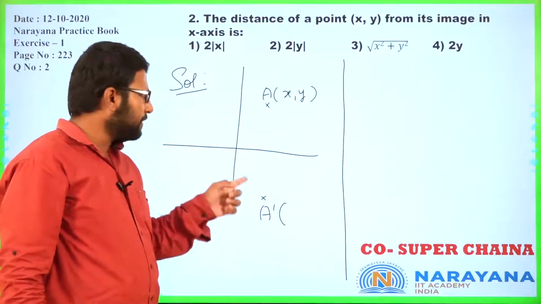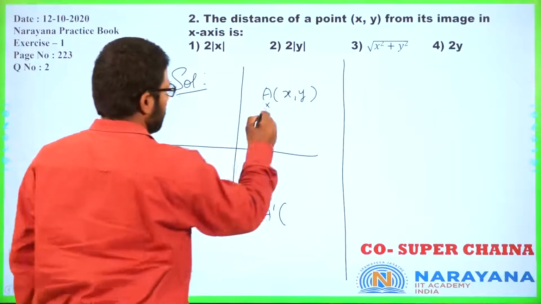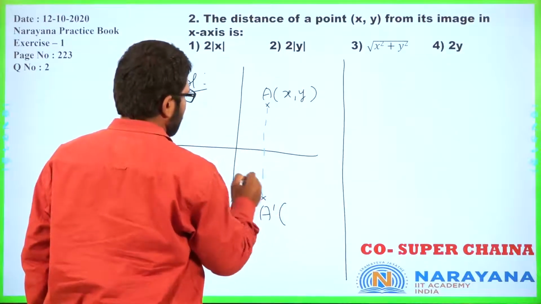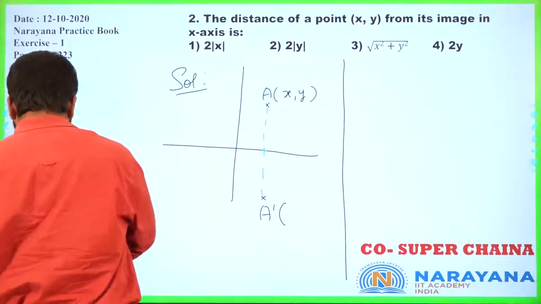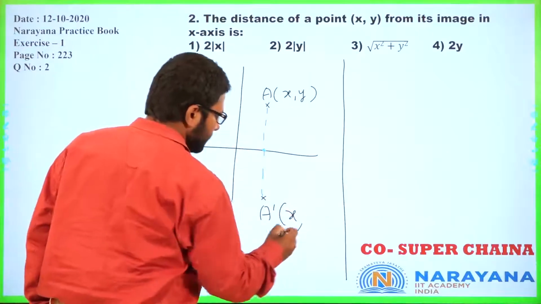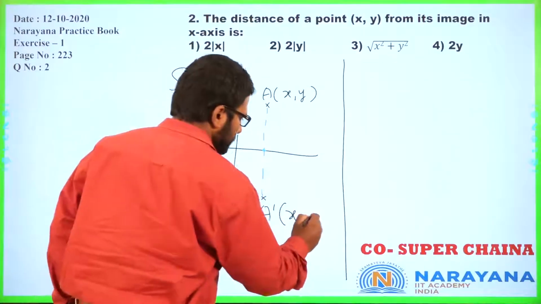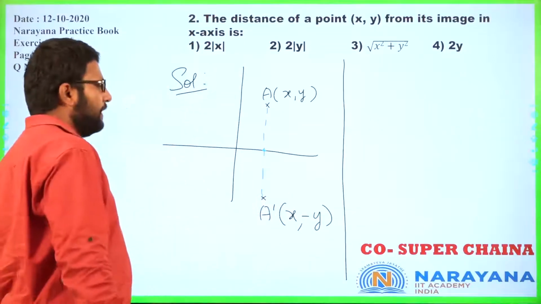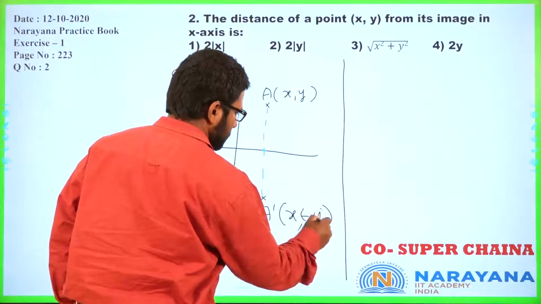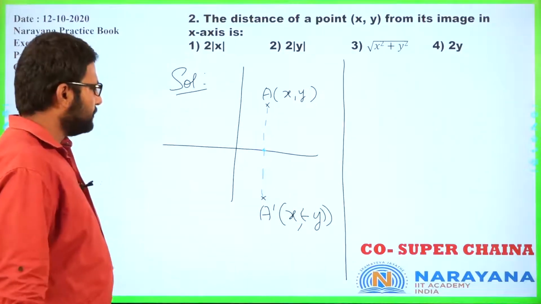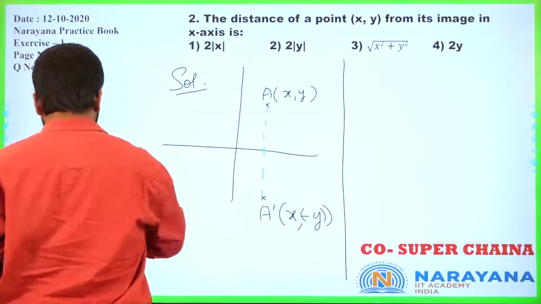Do you realize that for A dash also, the x coordinate is exactly the same, but the y coordinate becomes negative. So (x, minus y), right? So let us put it like that. All right. So this is A dash, (x, okay, that doesn't look like x comma minus y. Let me write it neatly.